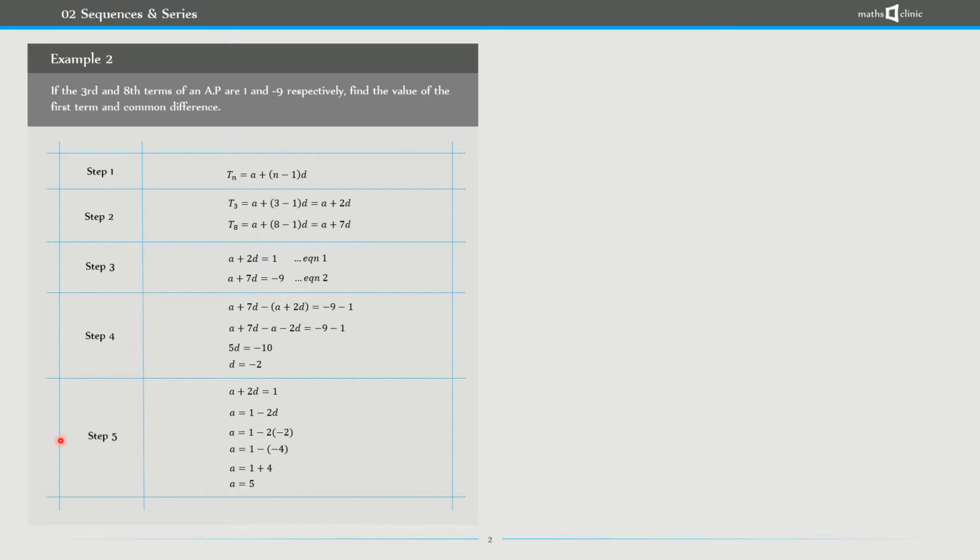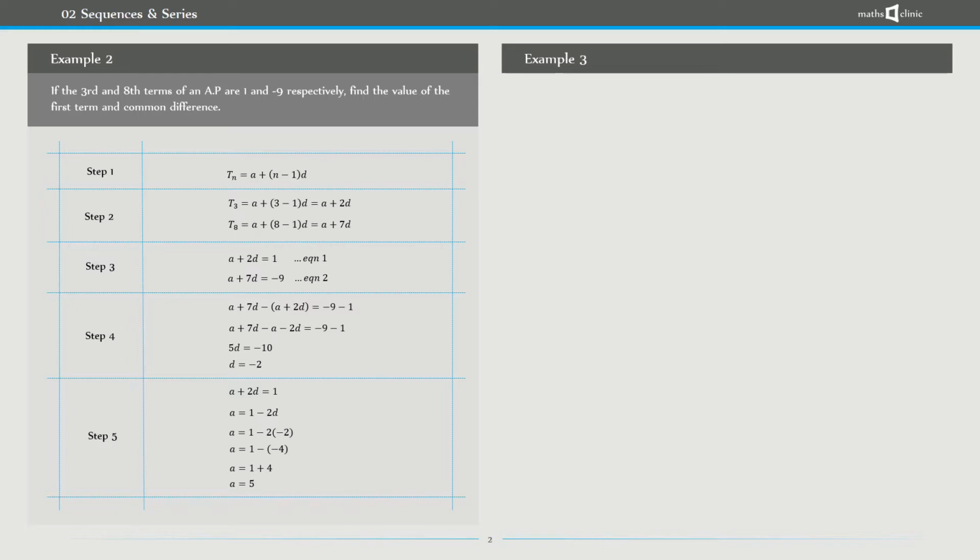It's quite lengthy, but it's actually very simple, very straightforward. You just need to obtain two equations to represent the third term and the eighth term, and once you've done that, all you have to do is solve simultaneously. So let's jump into the next question.